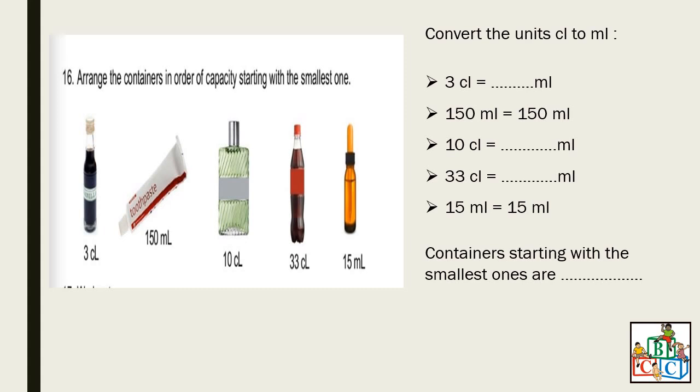Once you have converted centiliters to milliliters, the answer that you get in ml is not your final answer. For arranging the containers starting with the smallest one, you will have to write the answer in their original unit, as you can see, 3 cl, 150 ml, etc. These will be your answer and not the answers in milliliters.